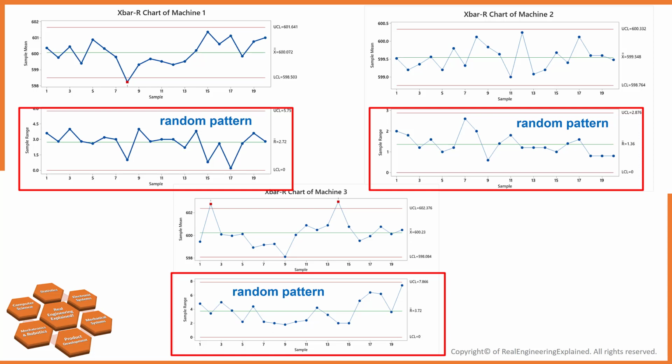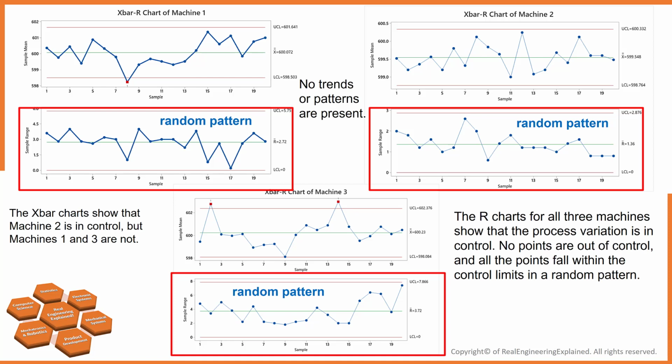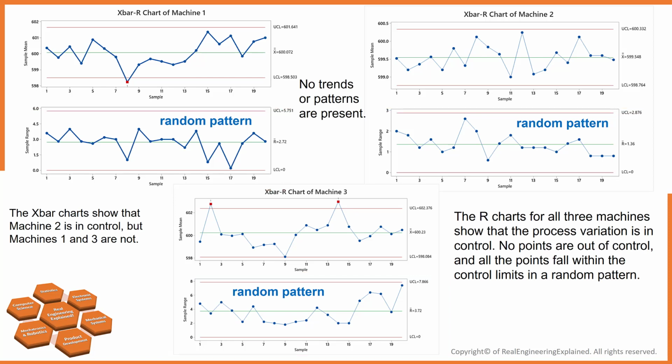No points are out of control, and all the points fall within the control limits in a random pattern. The points vary randomly around the center line and are within the control limits for both charts. No trends or patterns are present.